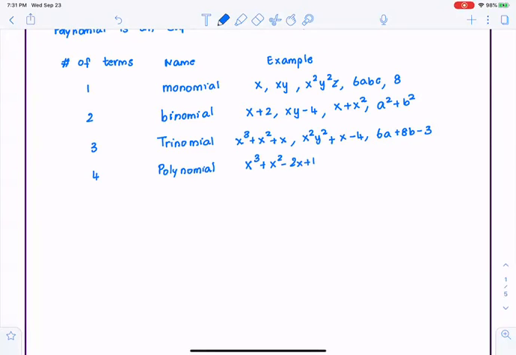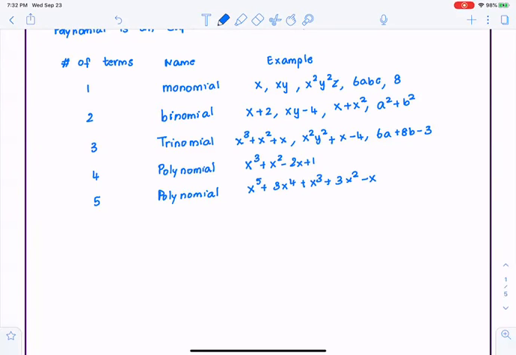That is a polynomial. I could have x raised to 5 plus 3x raised to 4 plus x cubed plus 3x squared minus x. That is a polynomial. So if the number of terms exceeds 3, we simply end up calling it a polynomial.